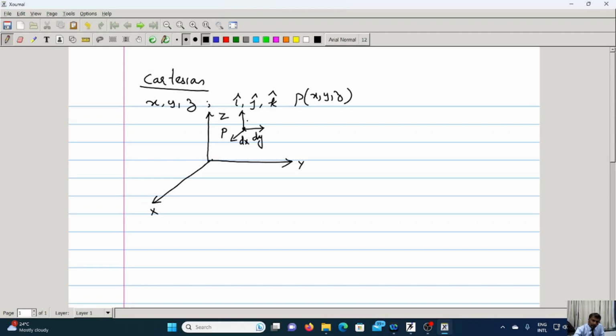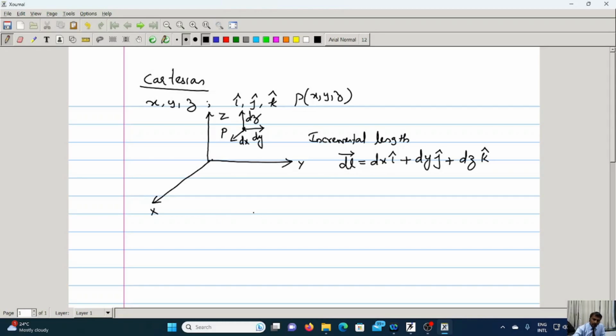Then we have the z variable, dz. So that incremental length, we can write it as dl vector equals dx times the unit vector along the x-axis, plus dy times the unit vector along the j-axis, plus dz times the unit vector along the k-axis. Like that we can write the incremental length.